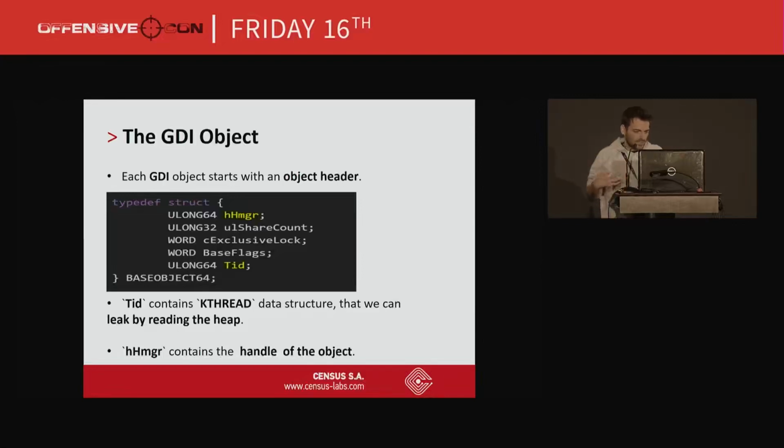So each GDI object starts with an object header. The 2 most significant members of the object header are the handle manager and the TID. The handle manager is actually the handle that we received from the system call that created that object. And the TID is actually the address of the KTHREAD data structure, which depicts a thread, and it contains the address of the data structure that created that GDI object.